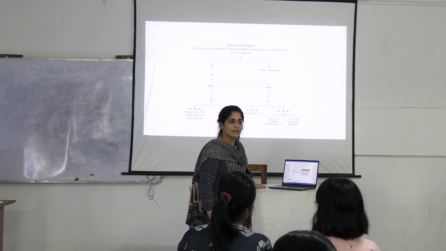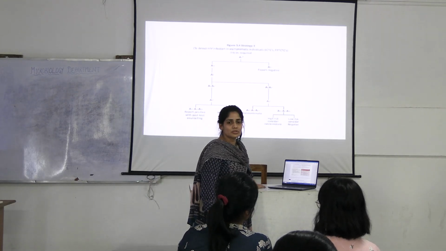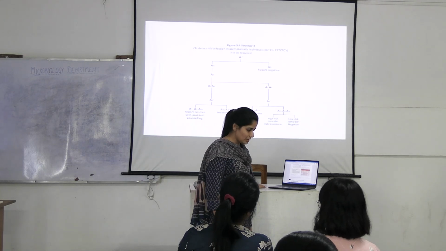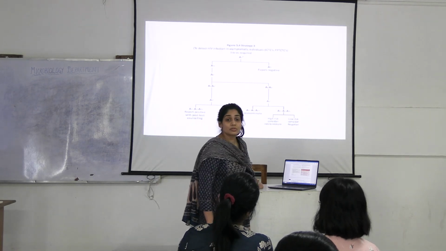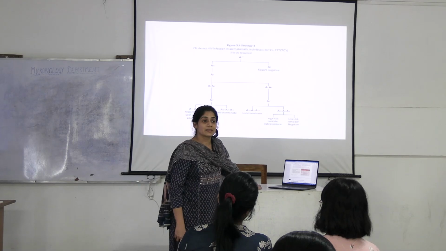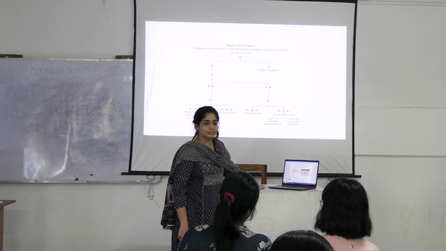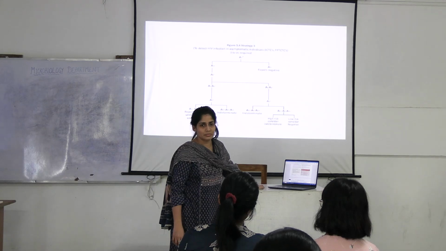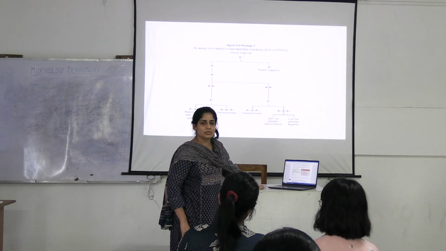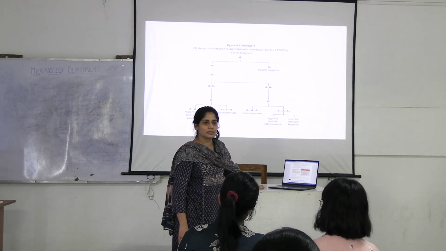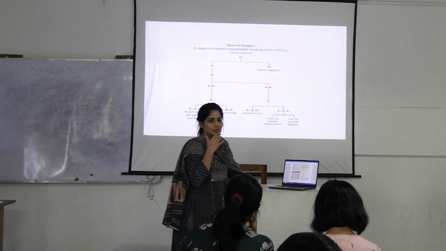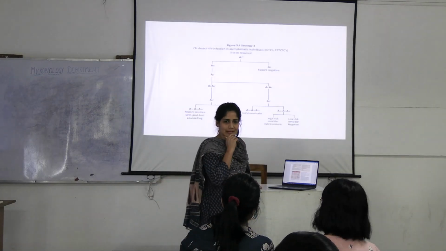CXCR4 and CCR5. Mutation in these two coreceptors is seen in some people, and these people have resistance to AIDS or unusual late development of the disease. So this is also a target for vaccine development. Okay. To develop a vaccine, you will have to test on people infected with the disease.